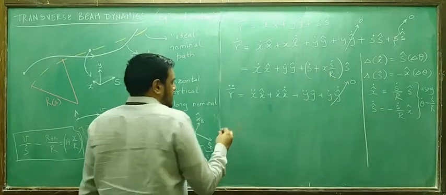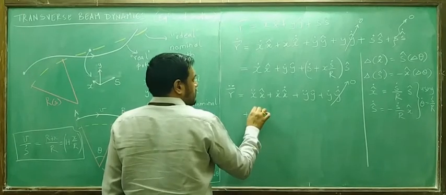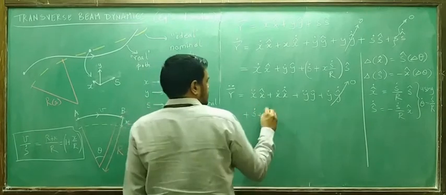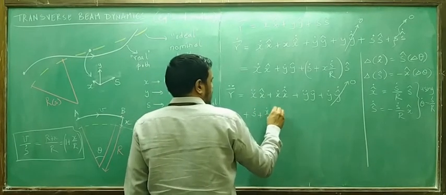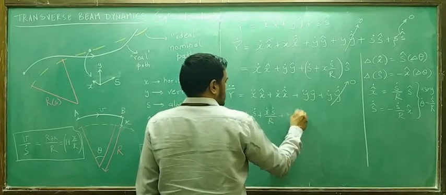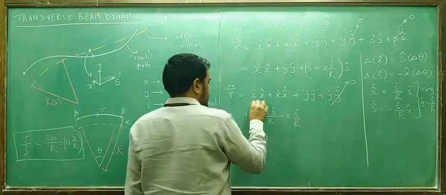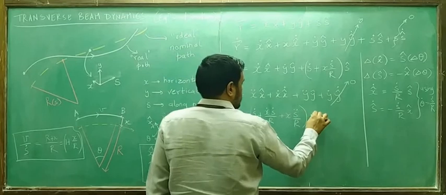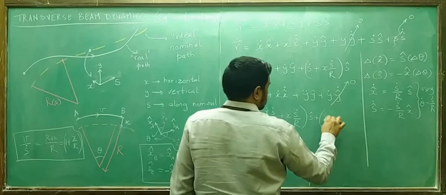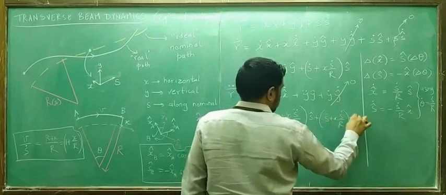Basically, what you will get is s double dot plus x dot s dot by r plus x s double dot by r, times s hat, plus s dot plus x s dot by r times s hat dot.